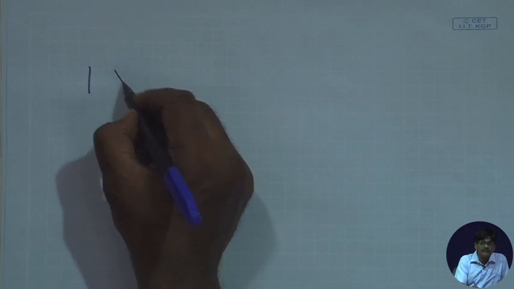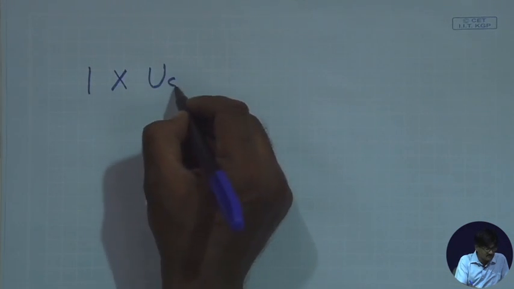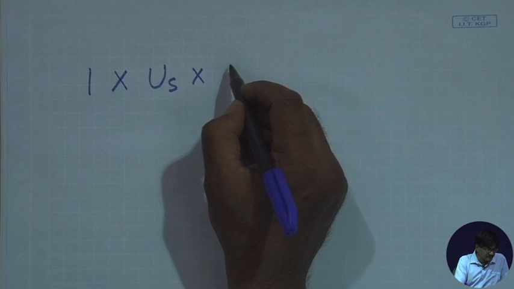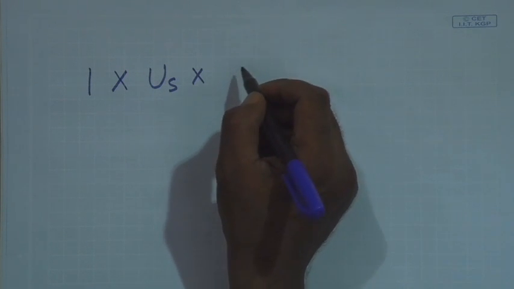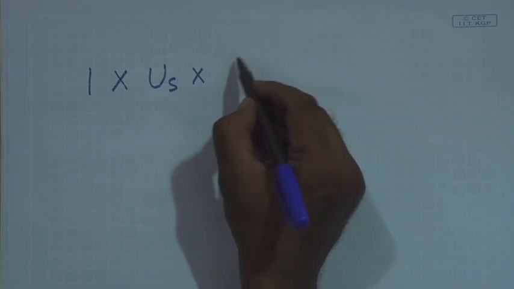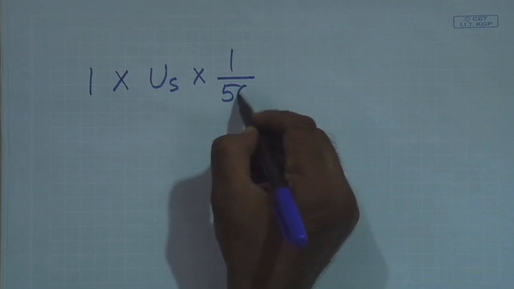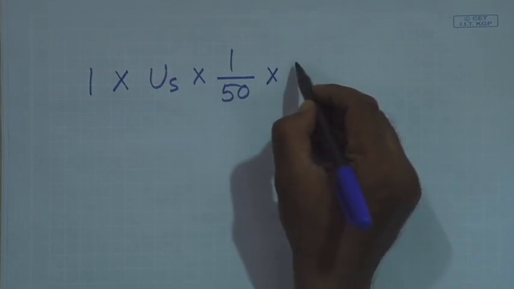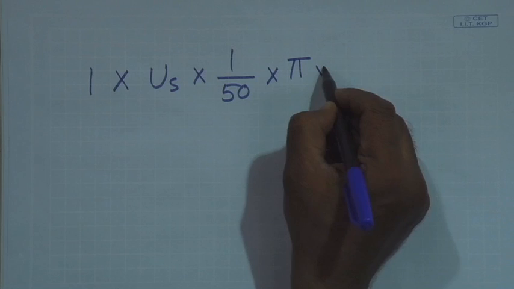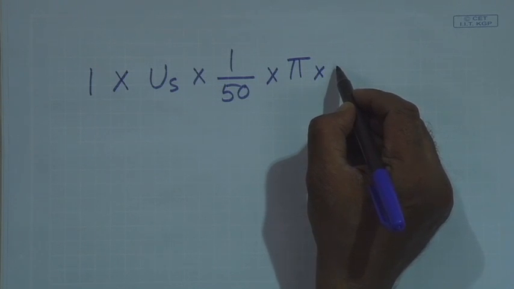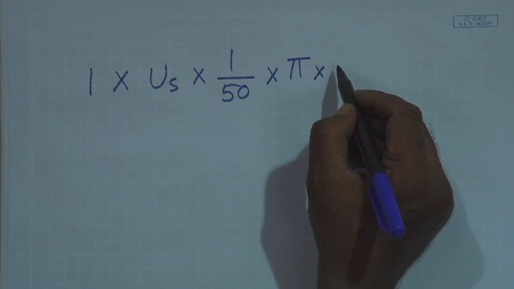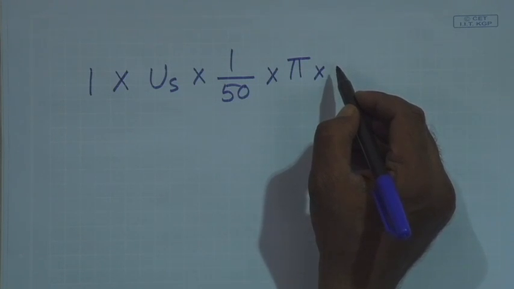1 into US into K2 by Z2, let us see what is K2 by Z2, 1 by 50 multiplied by pi into DPC. What is DPC? The cutter pitch diameter, this is a case of a spur gear, that must be equal to m into z.